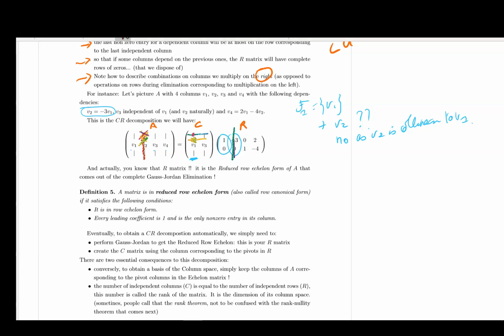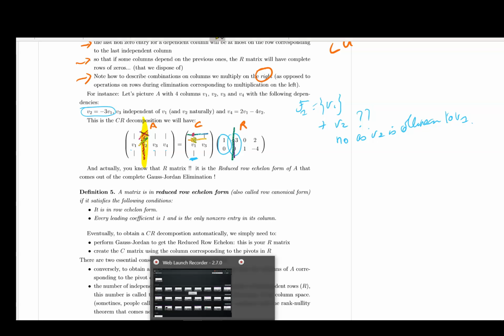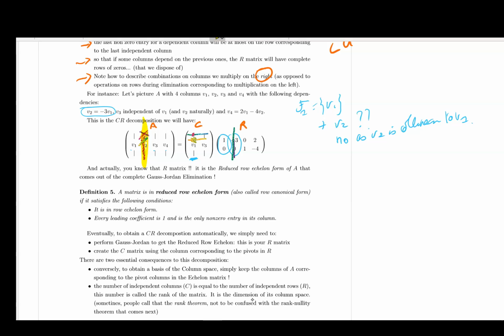So if you read again all the different descriptions of matrix multiplication, it becomes obvious that anything that belongs to that column here is going to be all the rows of C multiplied by this single column.